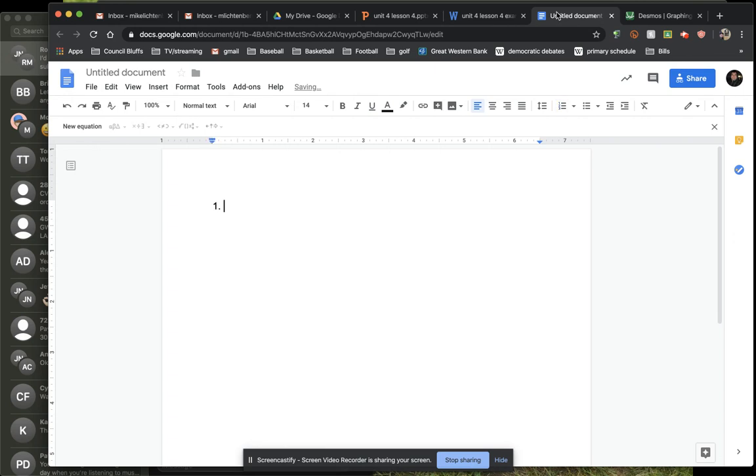So my growth factor per decade is going to be equal to 1.284, 1 plus 28.4%. So that is the answer to number one.